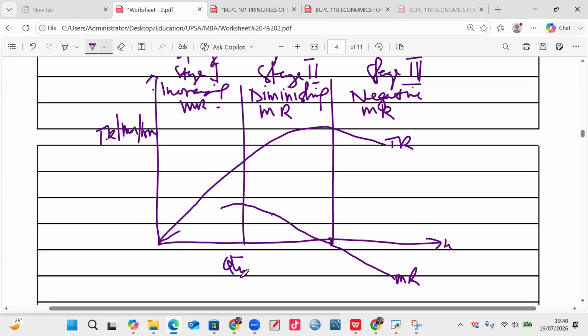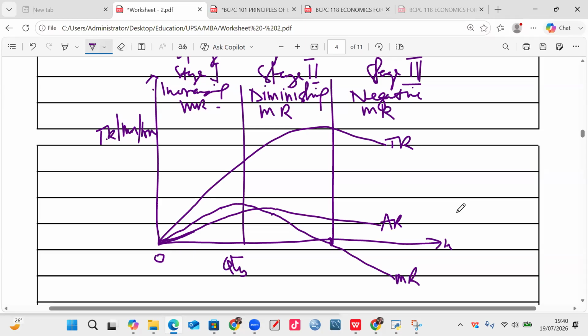Here it would increase. The AR also rises, but it will cut the MR at maximum. It will fall in the last stage, but it would not decline as steeply. Are you good? So this is called the stages of production.